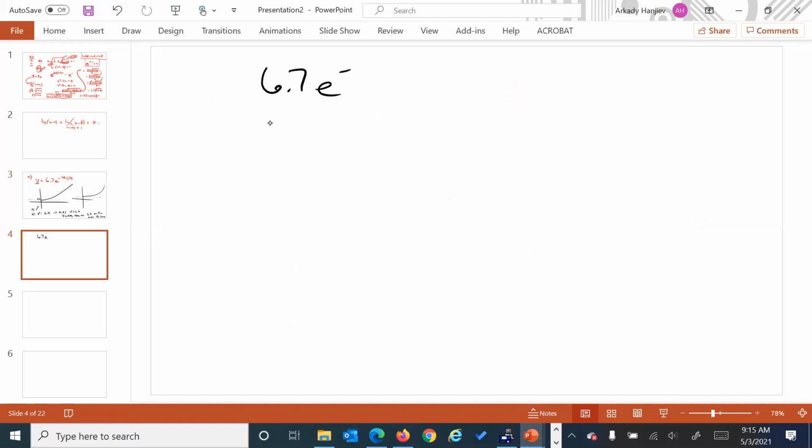Negative 48.1 divided by t equal to, and then we've got 1.3 million. This is already in millions, right? 1 million. In years. So t, given in years, is given by that equation.